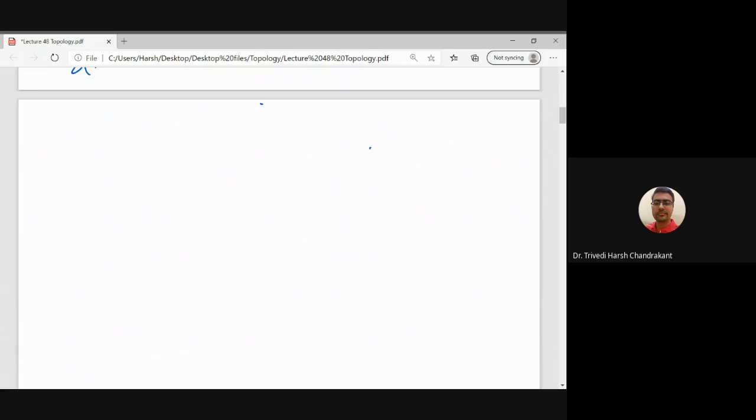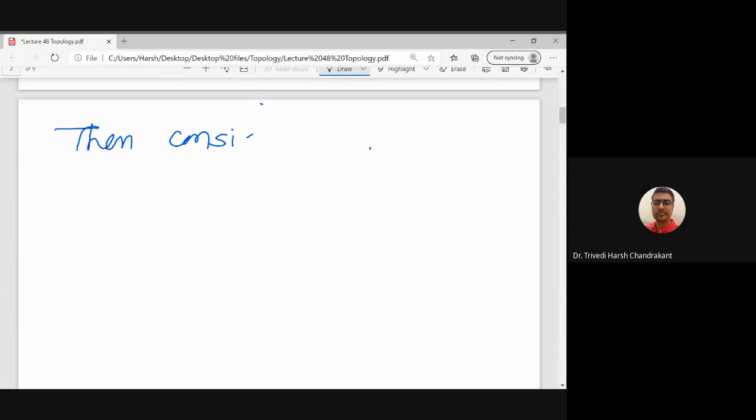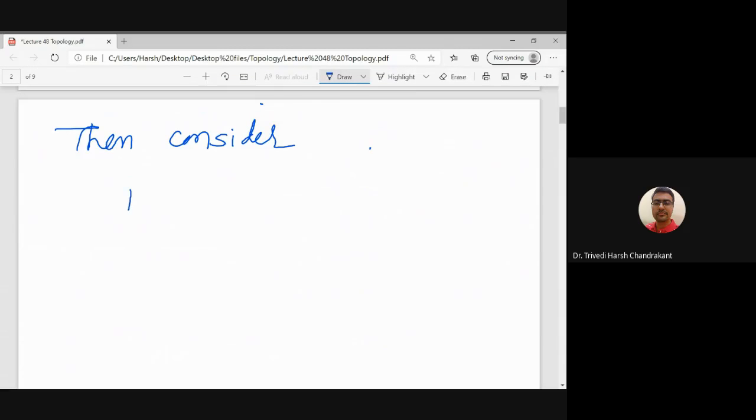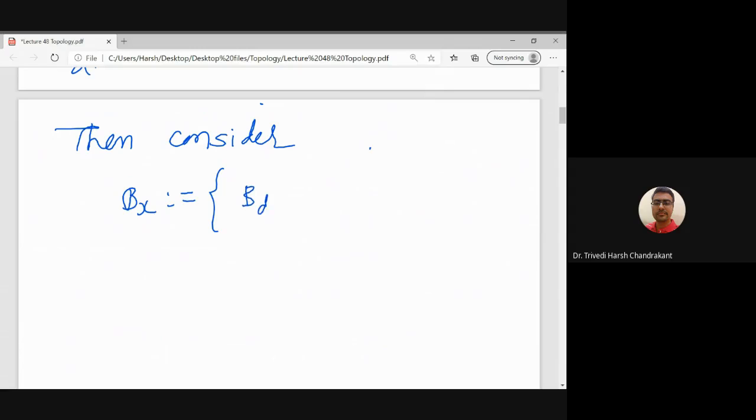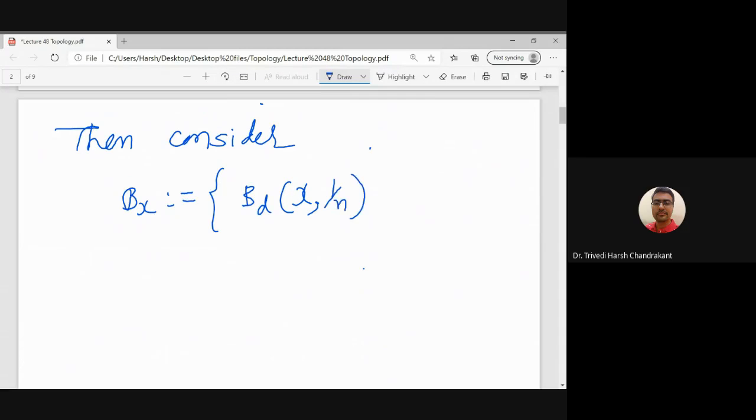So let us consider a fixed family, let us say Bx. This family I basically need is concentrated at x. What I will consider are the balls which are centered at x and whose radius is decreasing. I can take the radius as 1 upon n for every natural number n.